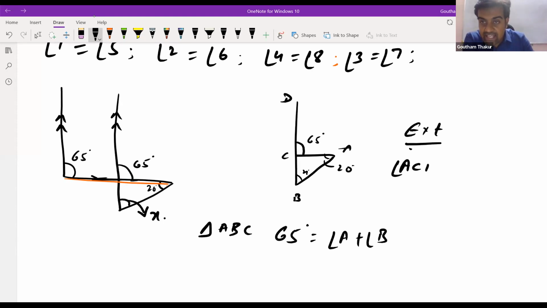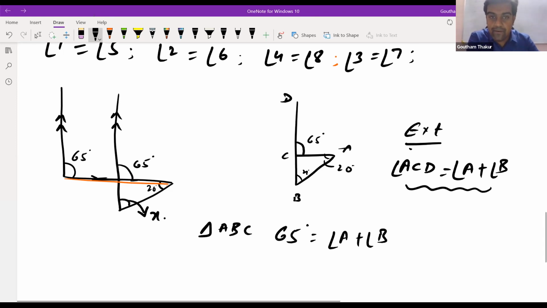Angle ACD, my exterior angle, is equal to the sum of interior opposite angles. Angle C is the interior angle and the exterior angle is based on angle C itself, so instead of considering angle C, we take the other two angles, angle A plus angle B. Angle ACD is equal to angle A plus angle B.